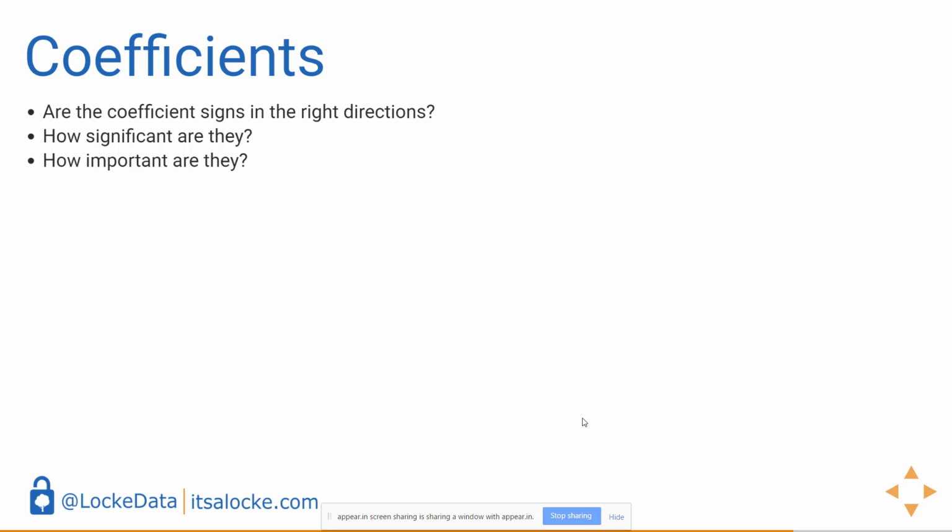When you're evaluating a logistic regression, it's like a linear regression. So the more positive a coefficient is, the more it makes your positive outcome more likely, and the more negative a value is, the more negative the correlation with the positive outcome. You can look at how significant a variable's inclusion is, and how significant the weighting, the coefficient, is.